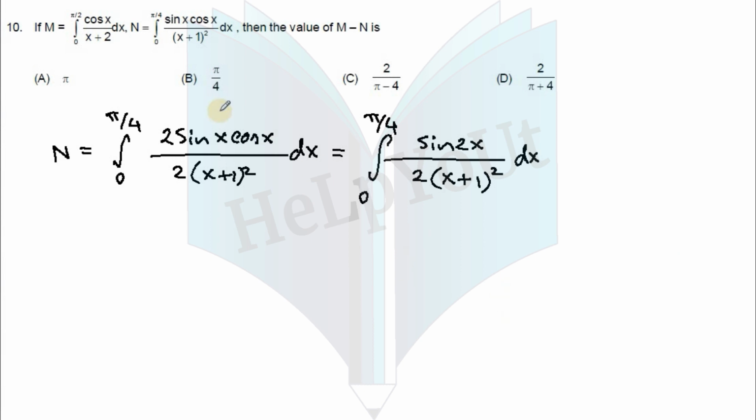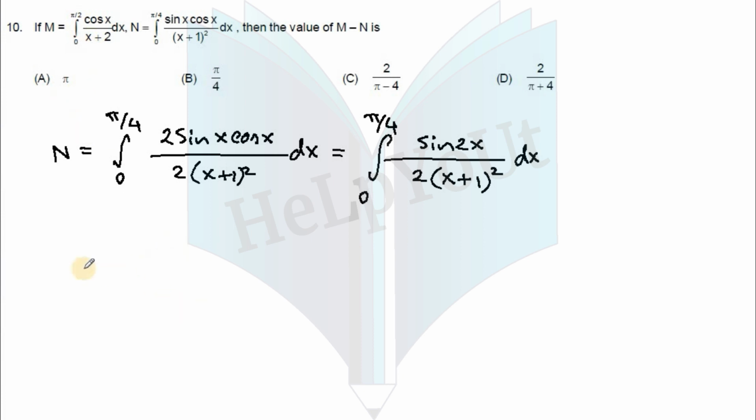Now see, this 2x really looks odd, because here we had x and this has 2x, and this has pi by 4, this has pi by 2 here.